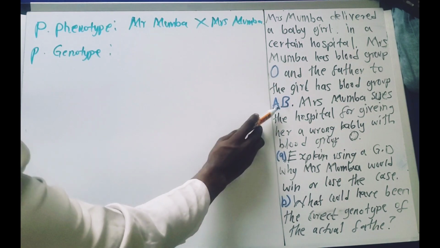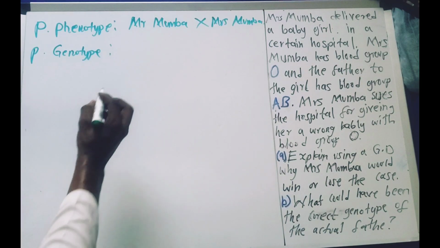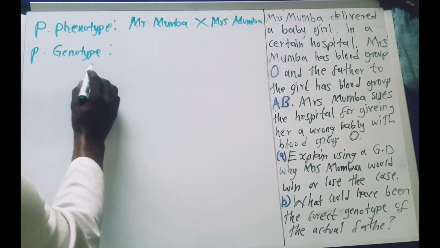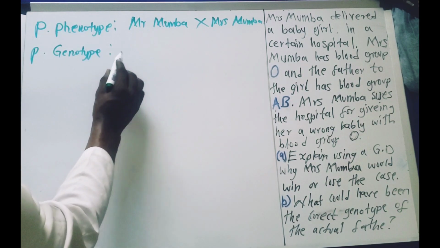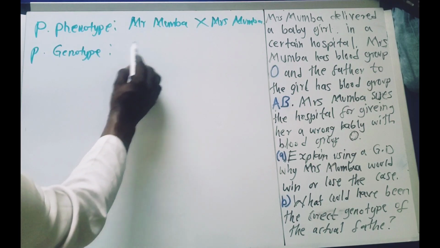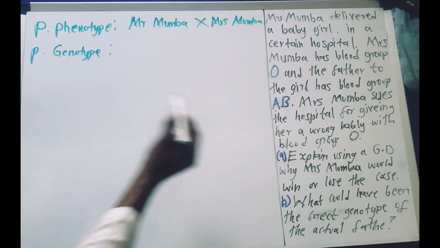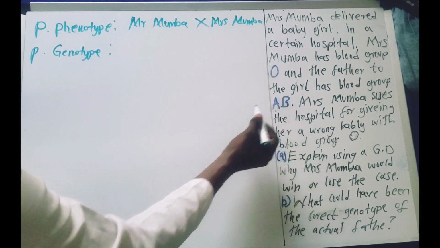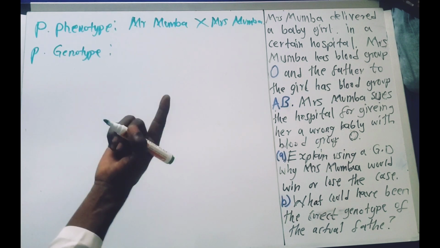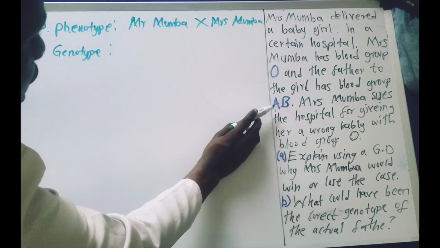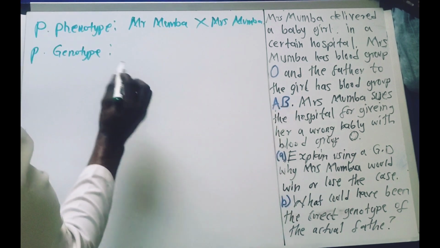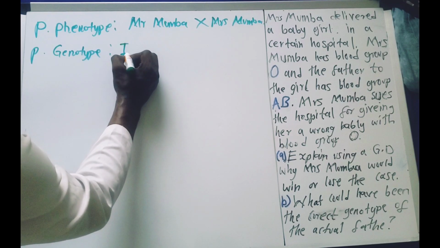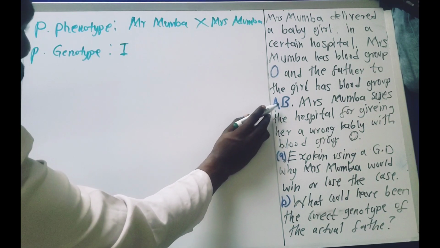When writing the parental genotype, we express the chromosomes using letters. For blood group, we use the capital letter I.